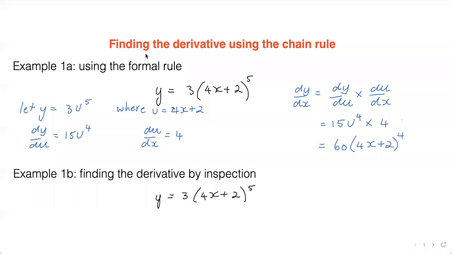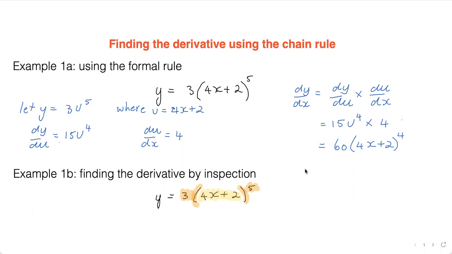So like we did with the formal way we set it out, we'd let u equal that 4x plus 2. So we're just thinking that is our inside function. And so the brackets to the power 5 is our outside function.